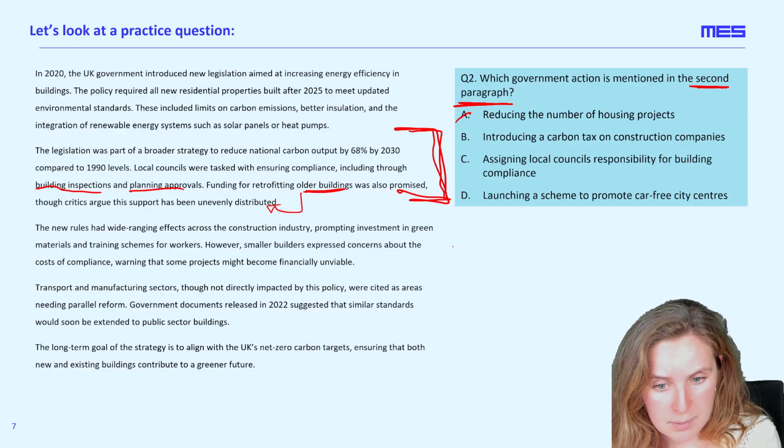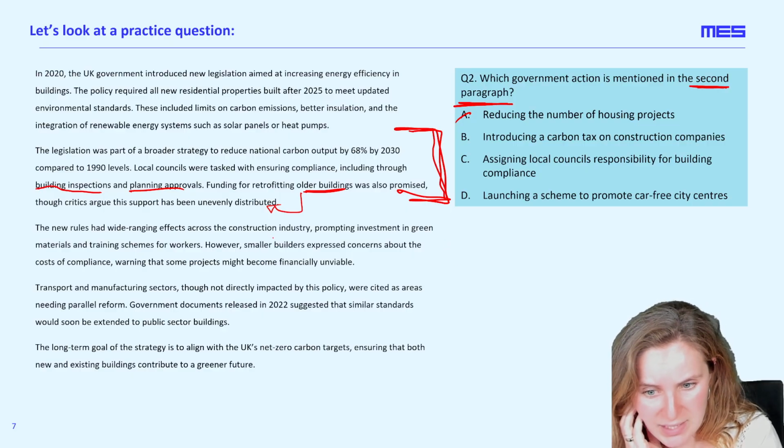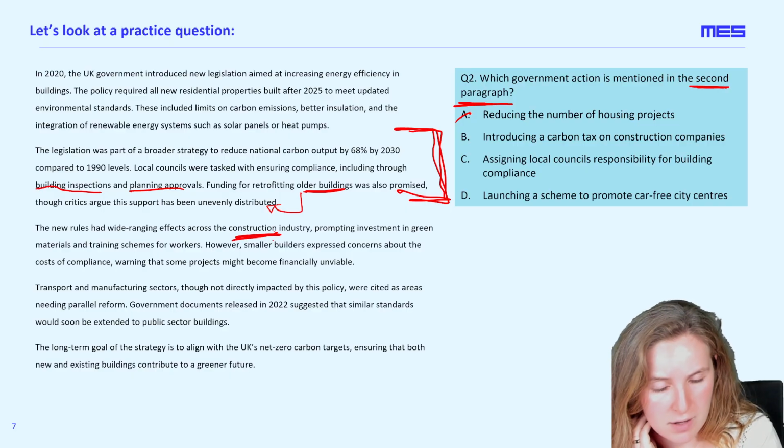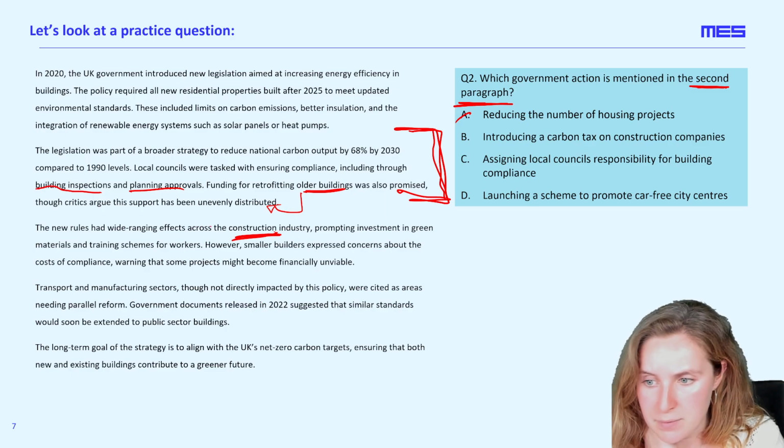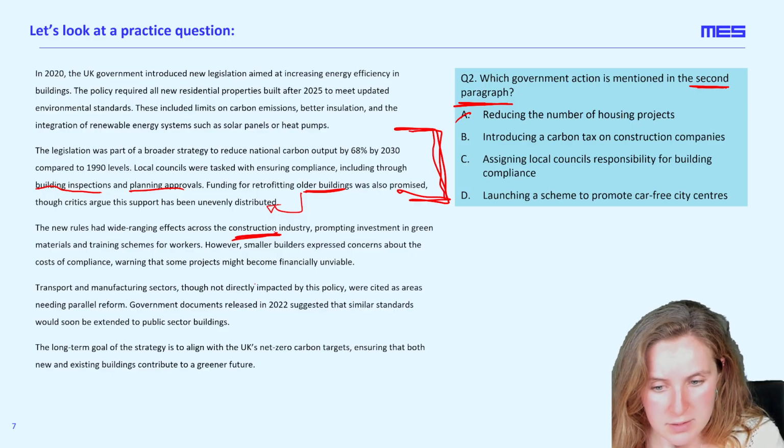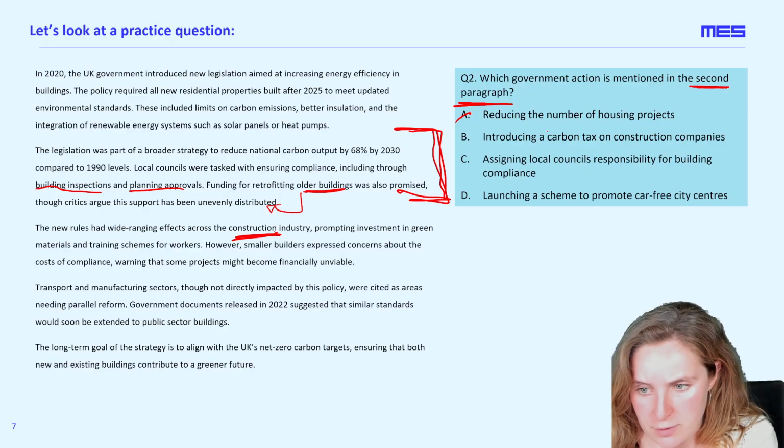That appears to be a split up of keywords because we've got construction here, information about construction across and carbon across, but we can't see anything about construction industries being taxed here. So let's cross off B.